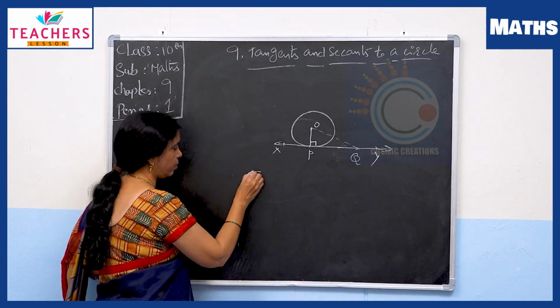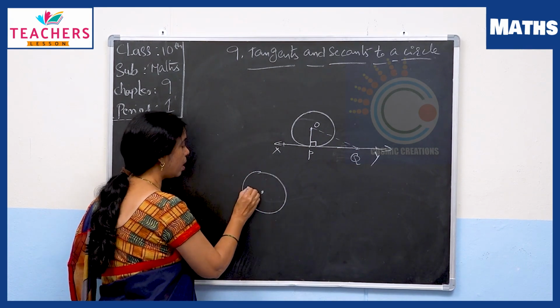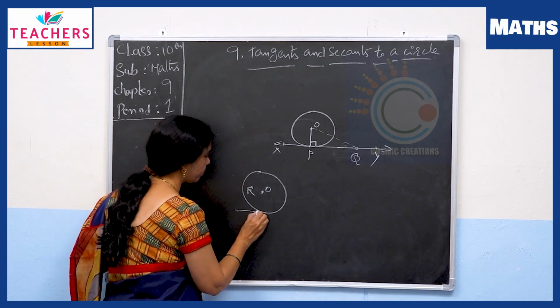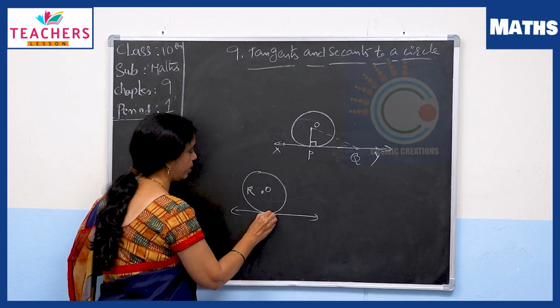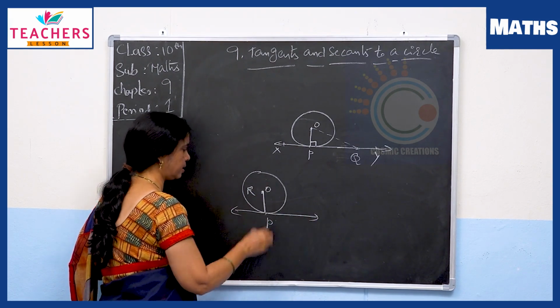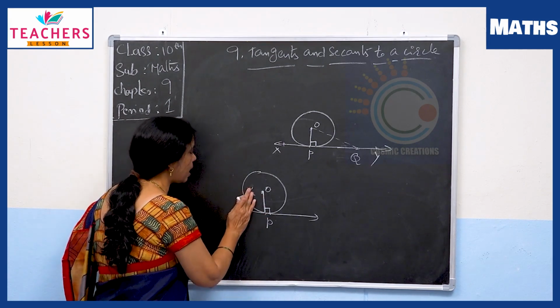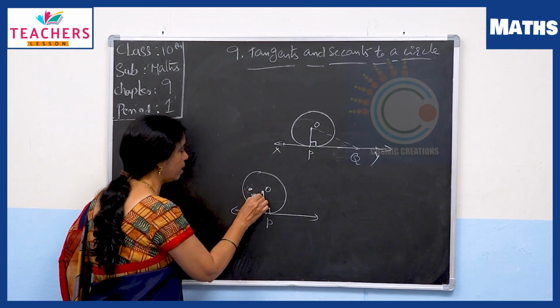Suppose you want to take another point within the circle. This is P, and this is perpendicular. Suppose this is the point R.